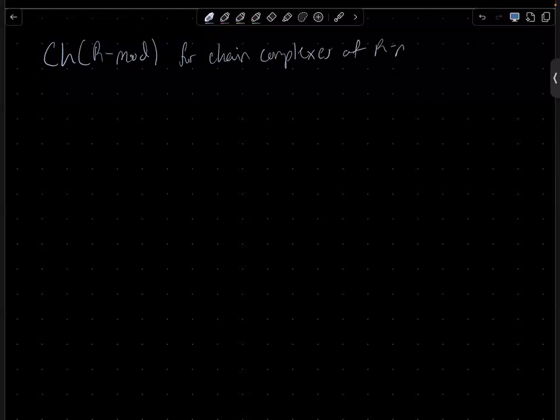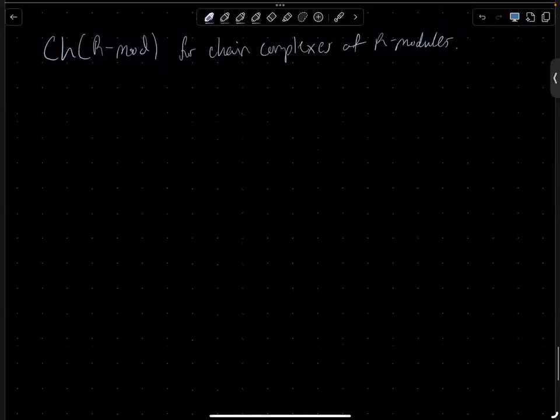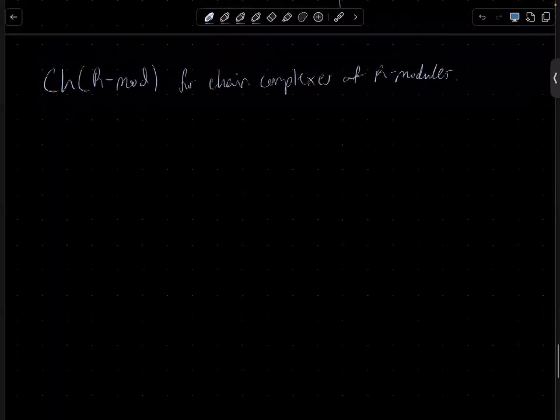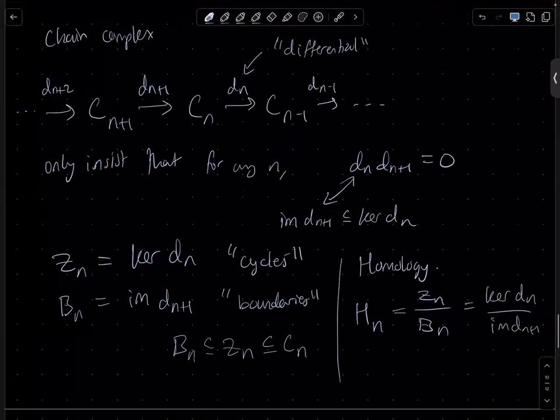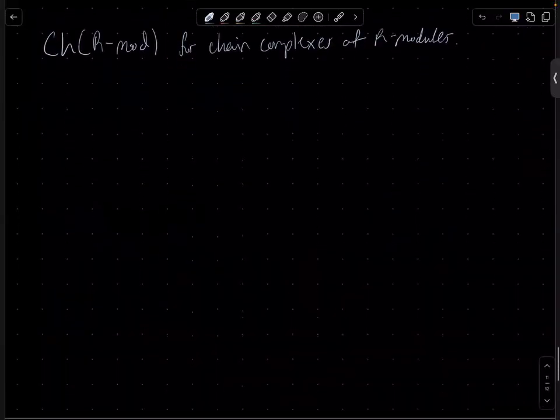Maybe you would like a notation to refer to a chain complex succinctly, so you don't have to write down the whole thing every time. Just call it C bullet.